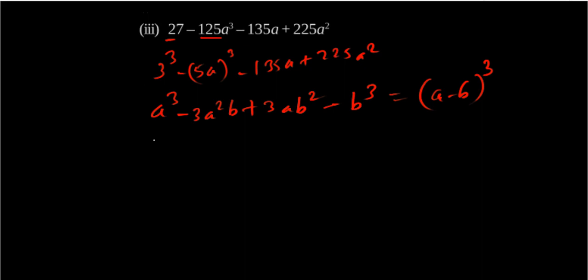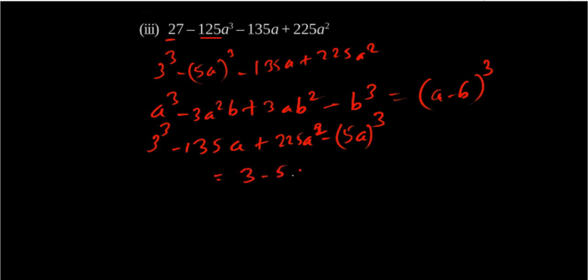So if we match it, 3 cube minus (5a) the whole cube minus 135a plus 225a square. In place of a we have 3, in place of b we have 5a. So this is of the form (3 minus 5a) the whole cube.